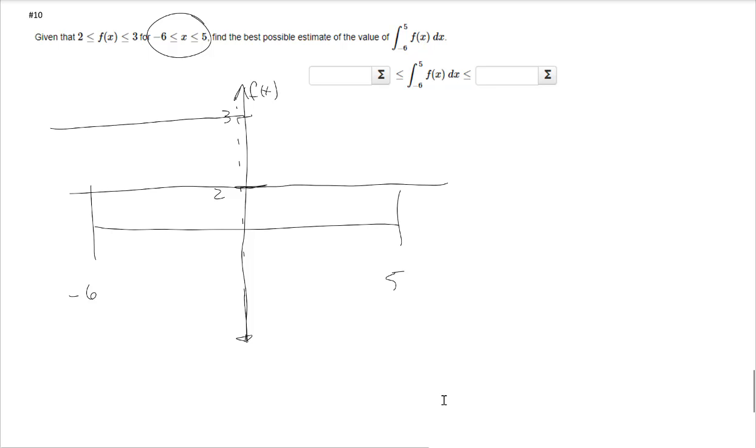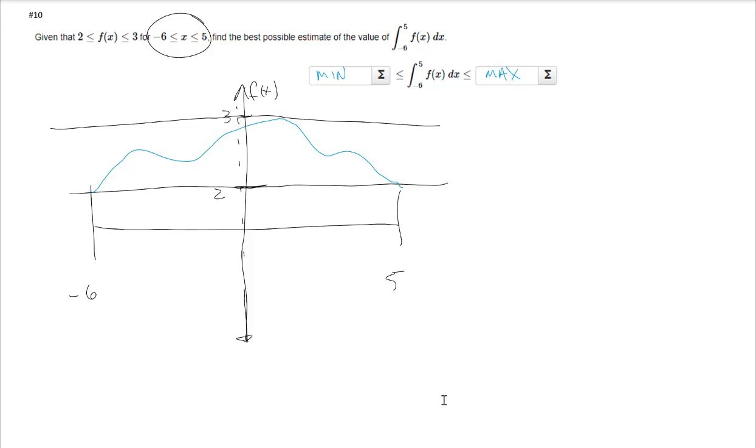Okay, and so our function is stuck in between 2 and 3. We do our blue function here. We don't know what it does, but it kind of bounces around in between 2 and 3. And now we want to know what is the minimum and the maximum area.